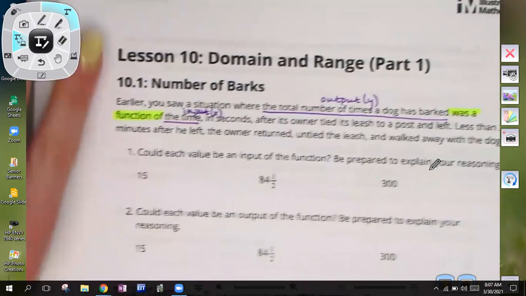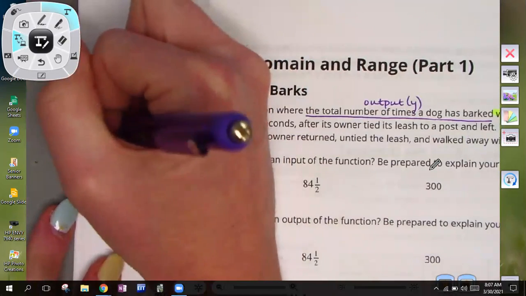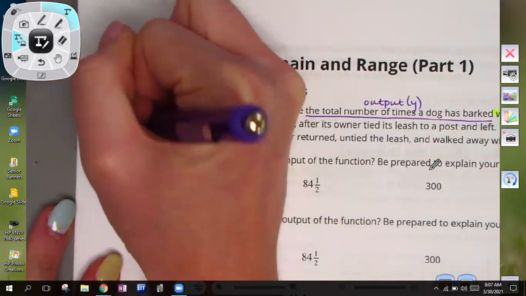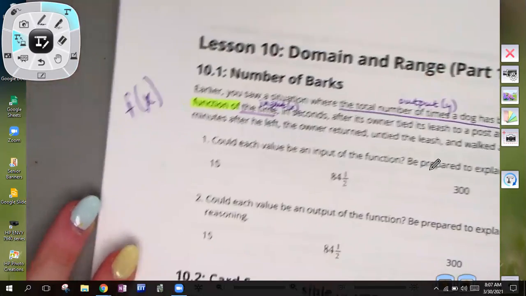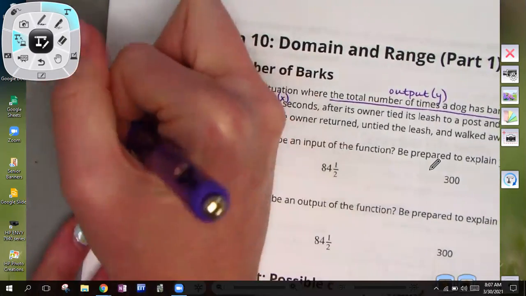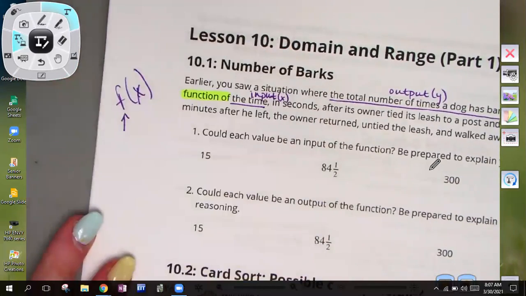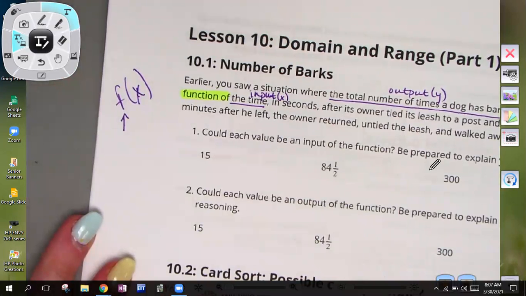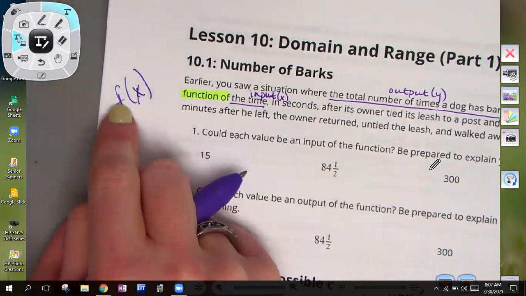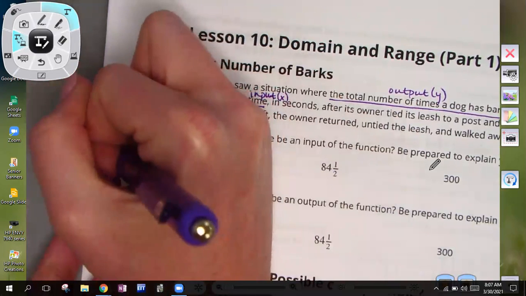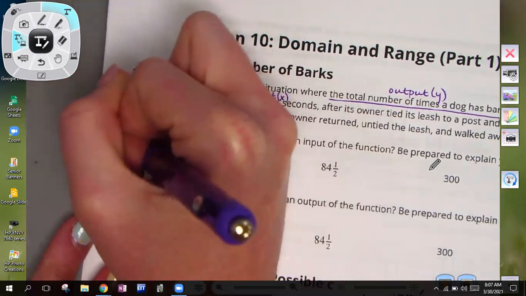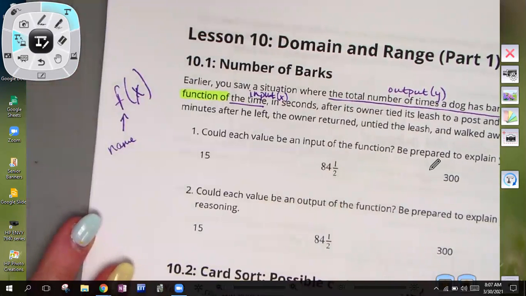Another quick review was function notation. The most basic function notation looks like this, f of x. What does this letter in function notation tell us? That's the name of the function. It can be any letter, but that just tells you the name of it.